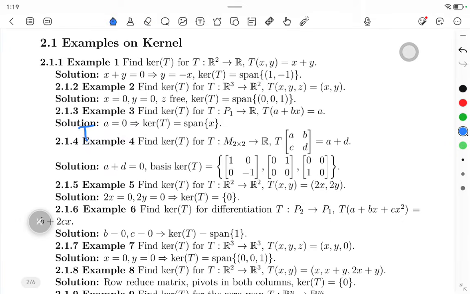I'm just going to take this function from R3 to R2 such that T of x, y, z is equal to x, y. Then I copy this.